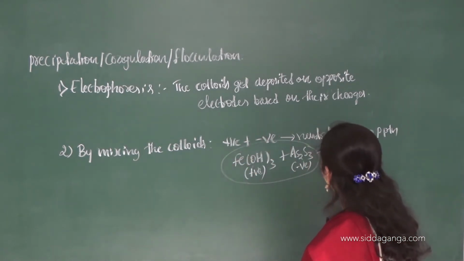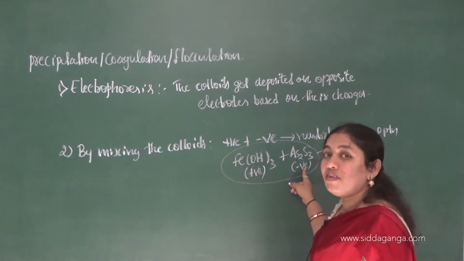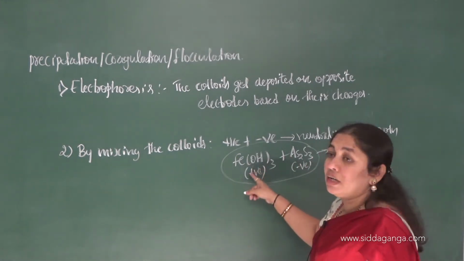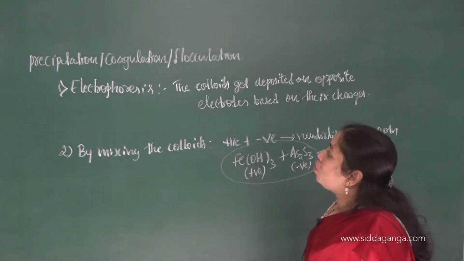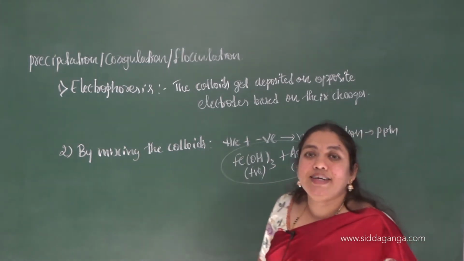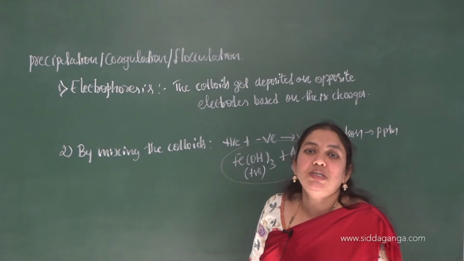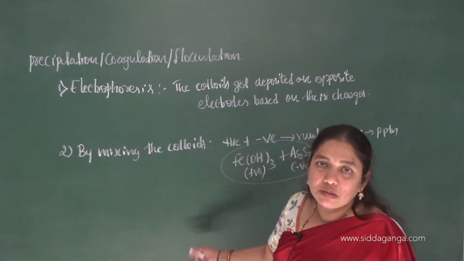That will be a precipitate, because ferric hydroxide neutralizes arsenic sulfide, or you can say arsenic sulfide neutralizes the ferric hydroxide. So that leads to what? Loss of the charge, and the colloidal particles will get settled down, because if there is no charge, then how will it be a colloidal solution? We are removing the charges by this method.